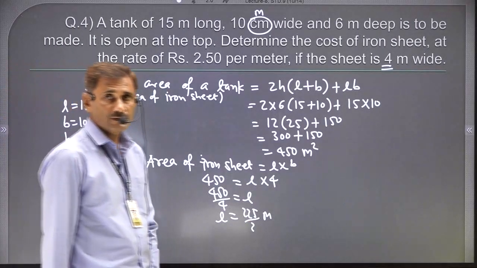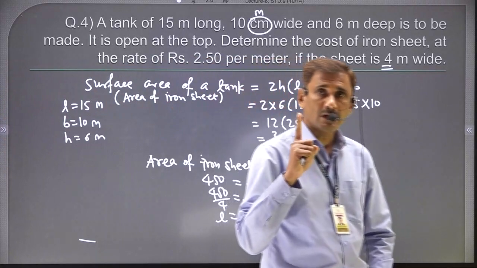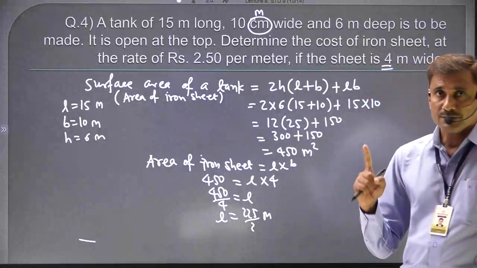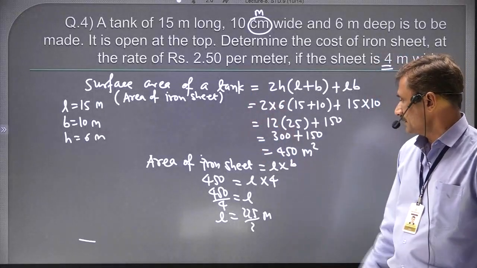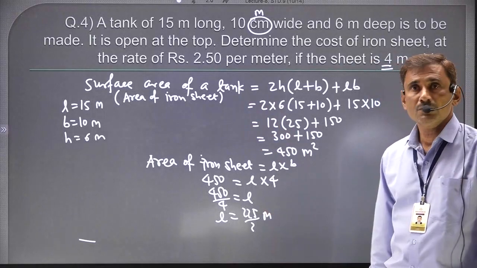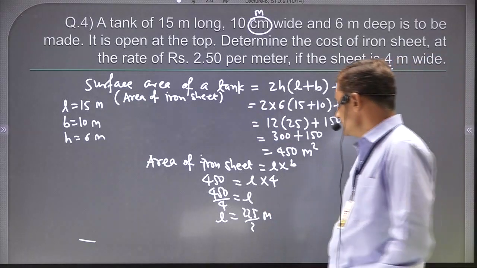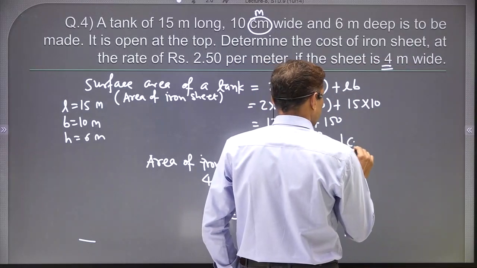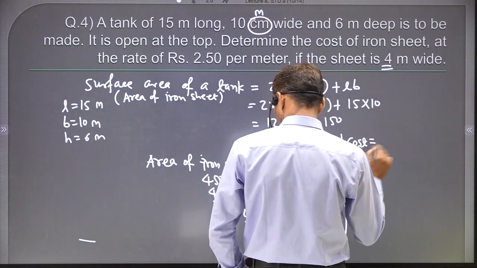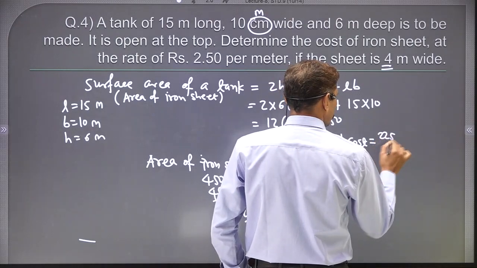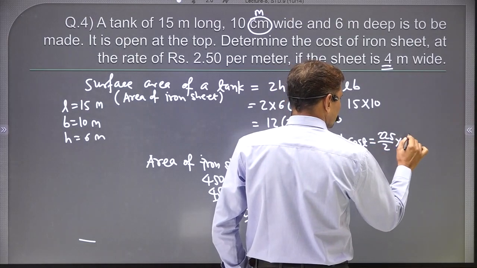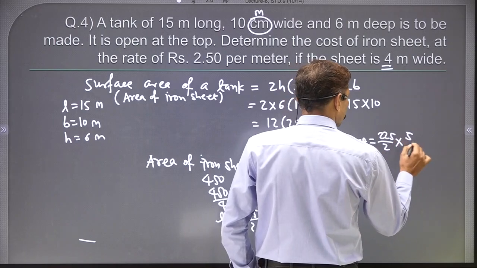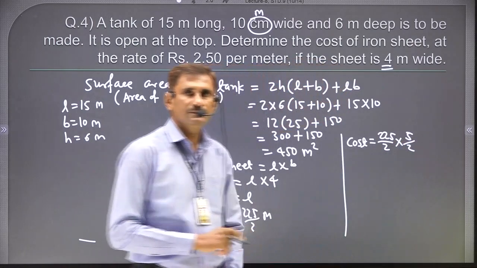Now you can find the cost. The rate of 1 meter iron sheet is 2.50. So we have to multiply it by 2.50. Okay, so now you can say cost equals how much? 225 by 2. This is the length, and for the rate I have written 5 by 2 here. 2.50 means 5 by 2.